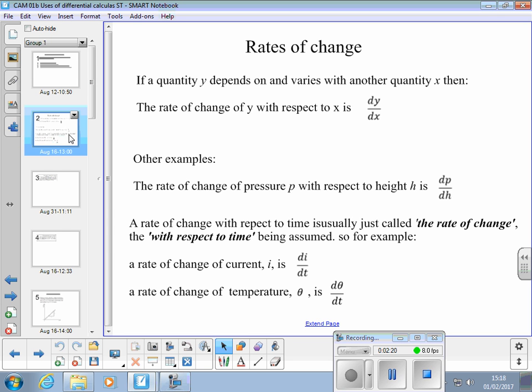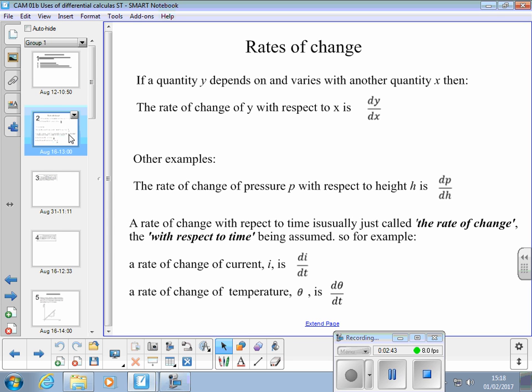If a quantity y depends on and varies with another quantity x, then the rate of change of y with respect to x is dy by dx. Other examples: the rate of change of pressure with respect to height in a tank would be dp by dh.